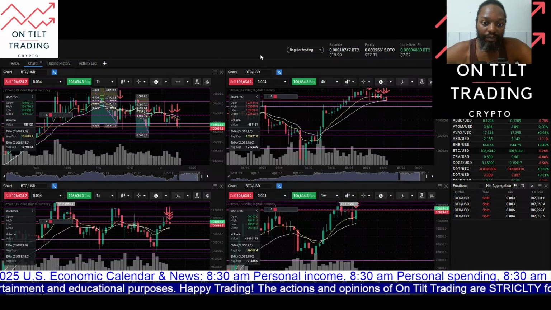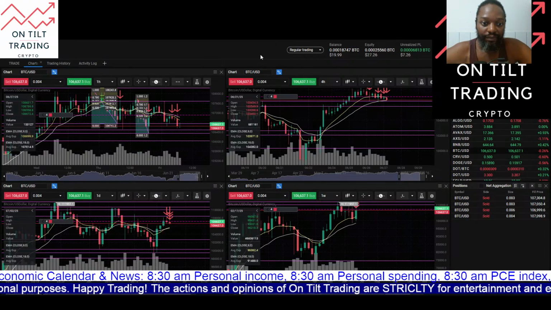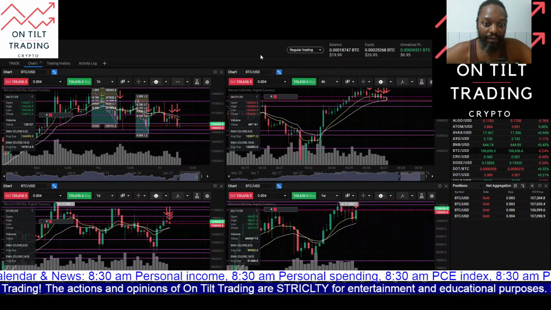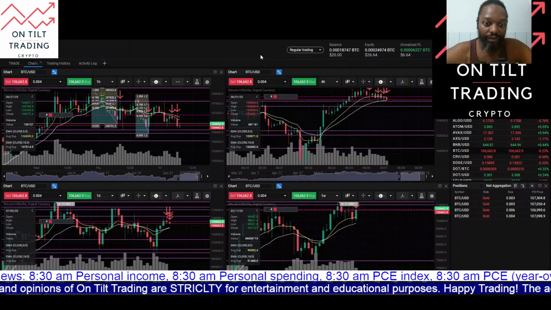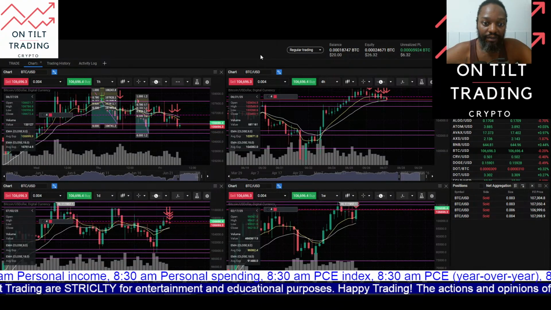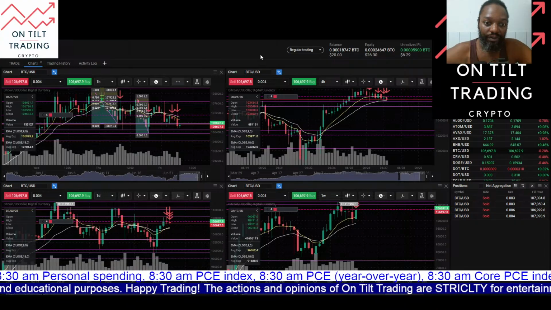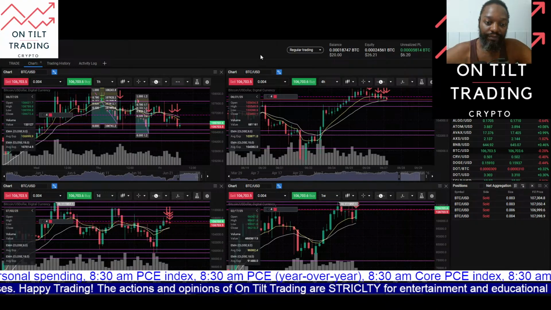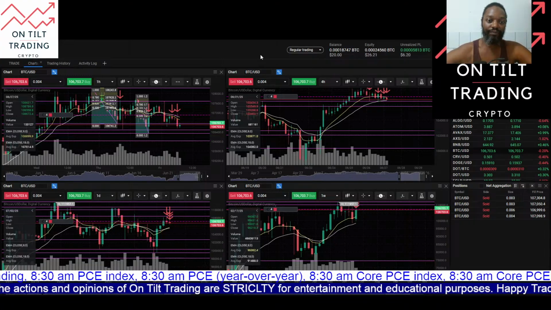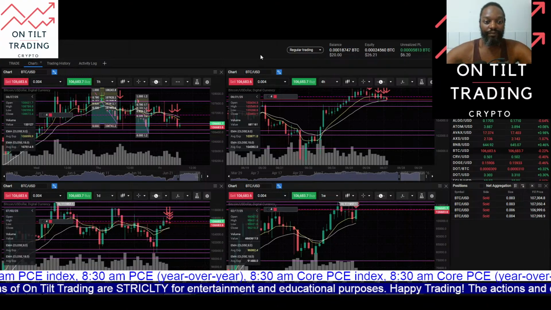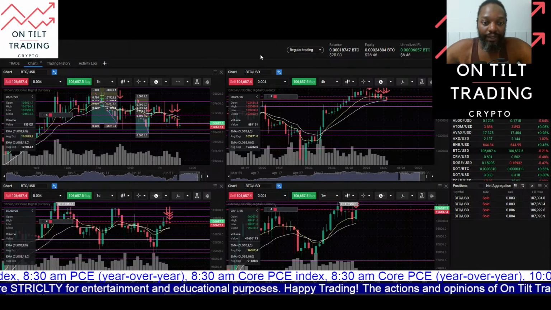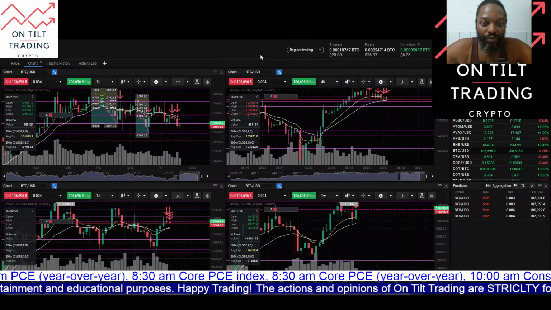Price testing the 106,600 level and reacting. Now back at 106,650, 106,680, consolidating. 106,700. So price having a strong reaction from the 106,600 level.